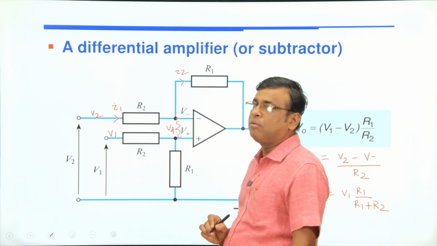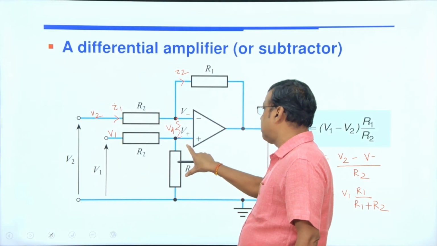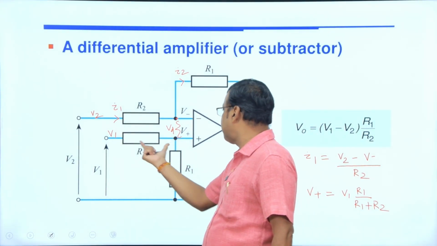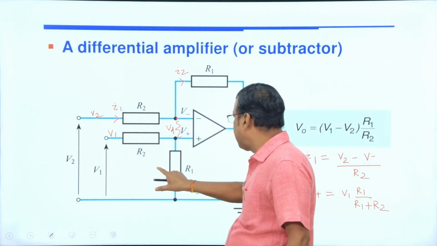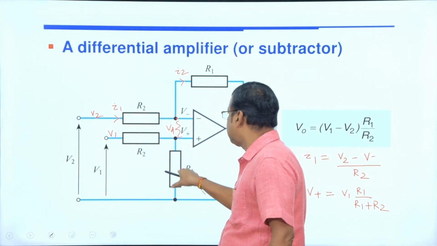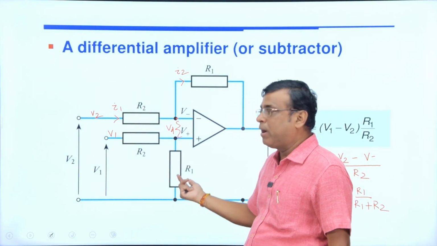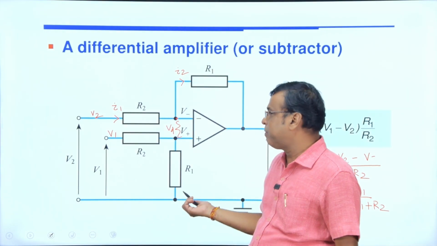In the voltage division rule, if you apply a voltage across a particular resistor, this voltage plus this voltage is nothing but V1. I need this voltage, that is total voltage V1 into this resistor by the sum of the resistors. This is the basic way to find the voltage division rule. Or otherwise you can find the current.